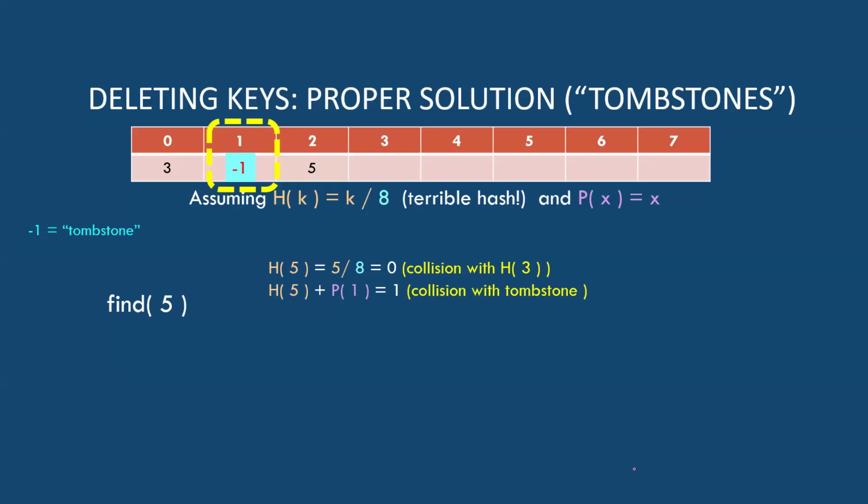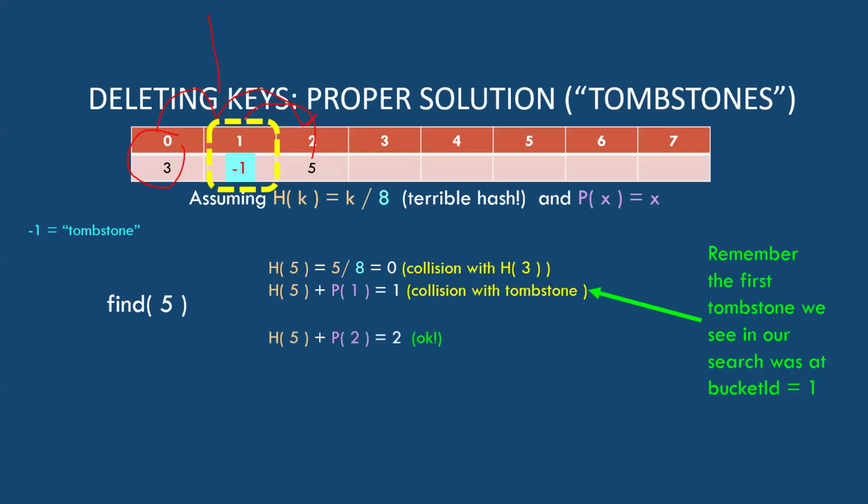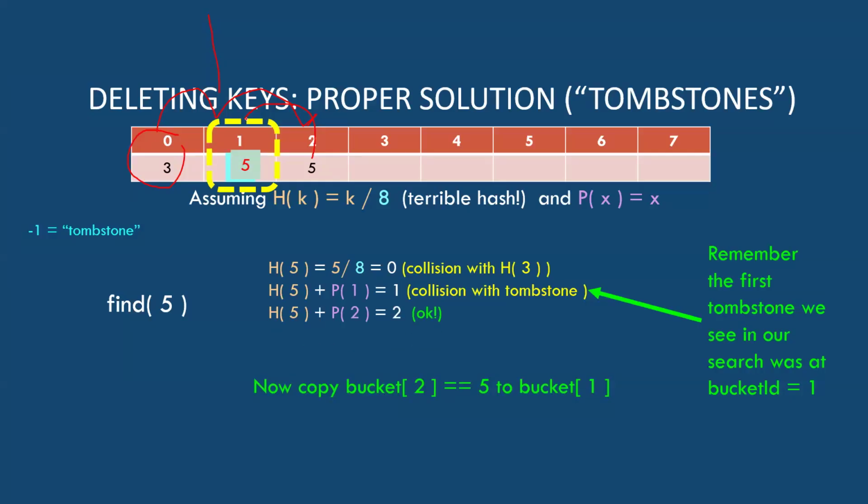So we're collapsing down one of those tombstones, not the most recent one, but the first one we ran into after our initial hash location. As we go forward searching for the 5, we find it, we bring the 5 back over to that location, and then we zero out the position where the 5 was, essentially turning it back into an empty bucket.